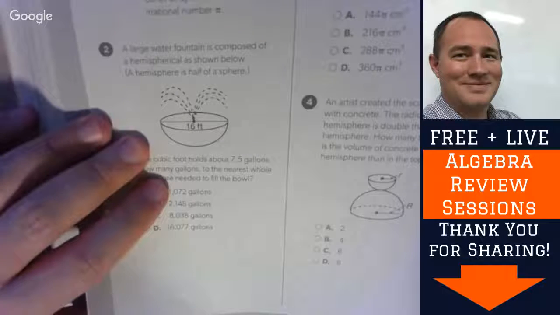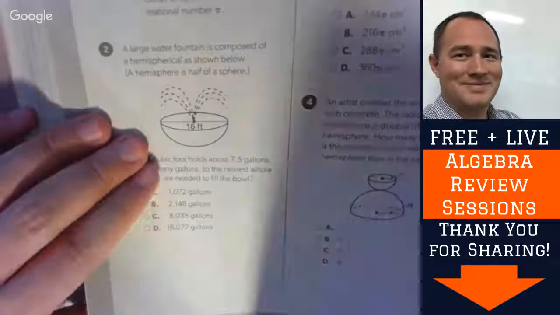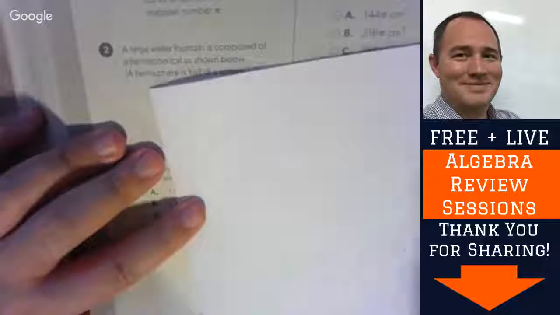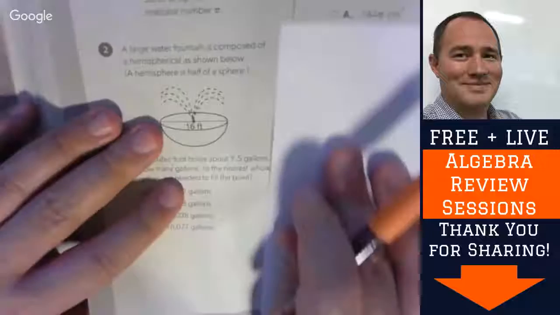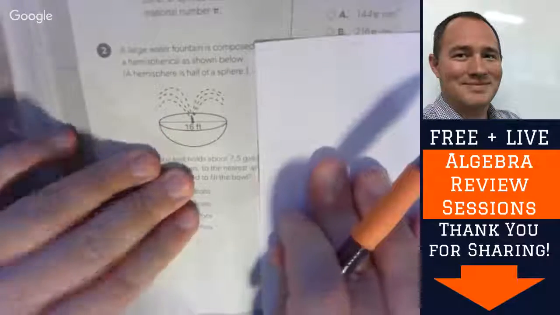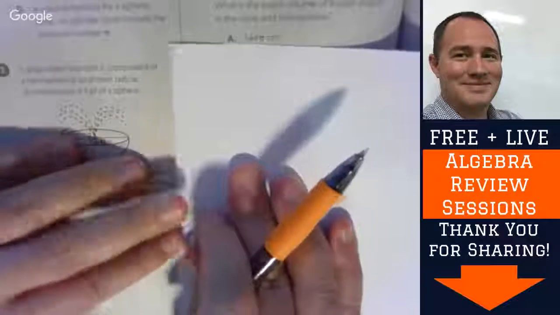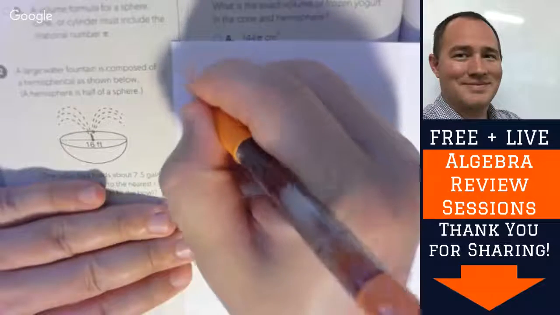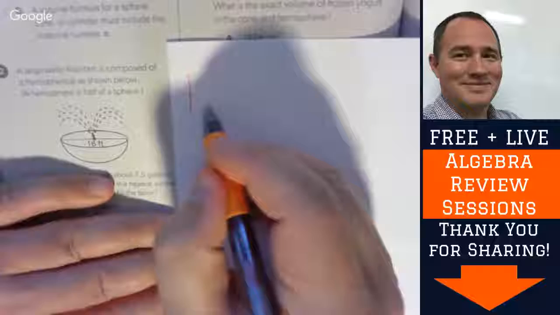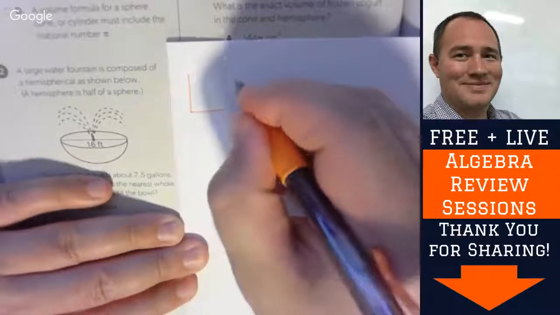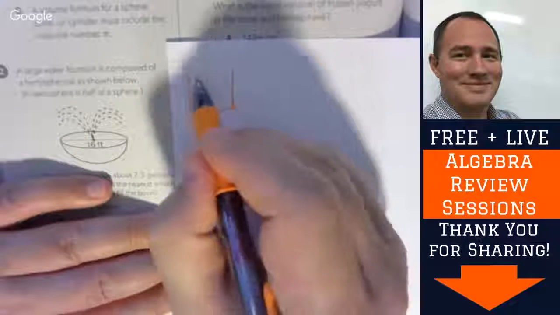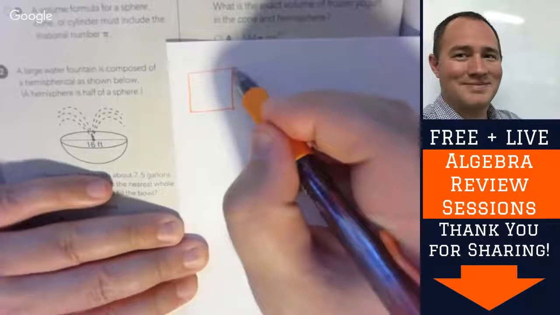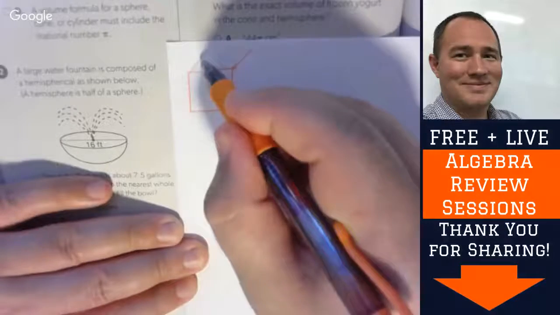Okay, so let's break this down a little bit. They're just giving us some information that a cubic foot, all right, so you have a cube, dimensions like so. Draw this cube.